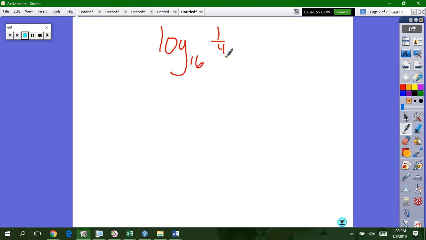I can show you the first way that you probably would know how to do, what you learned the other day. Let's make that x, and change this to an exponential. What is this as an exponential? 16 to the x equals 1/4. Now I say to myself, can I get these to be the same base?